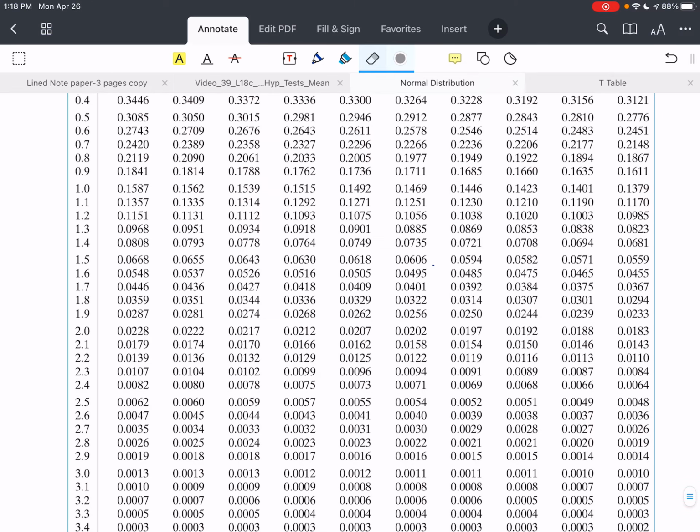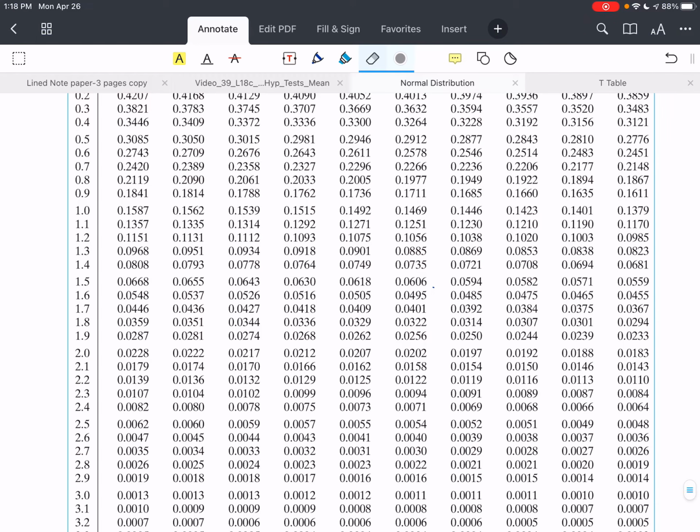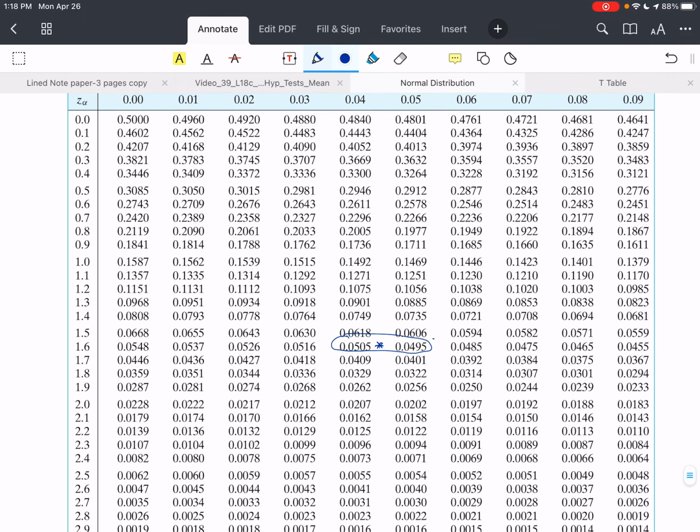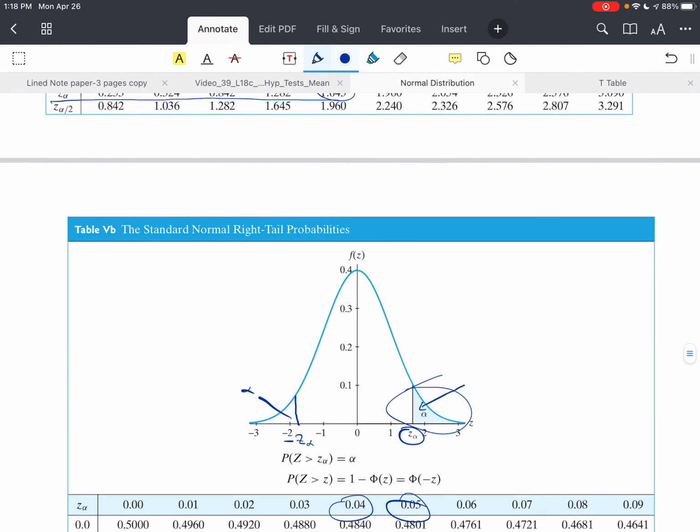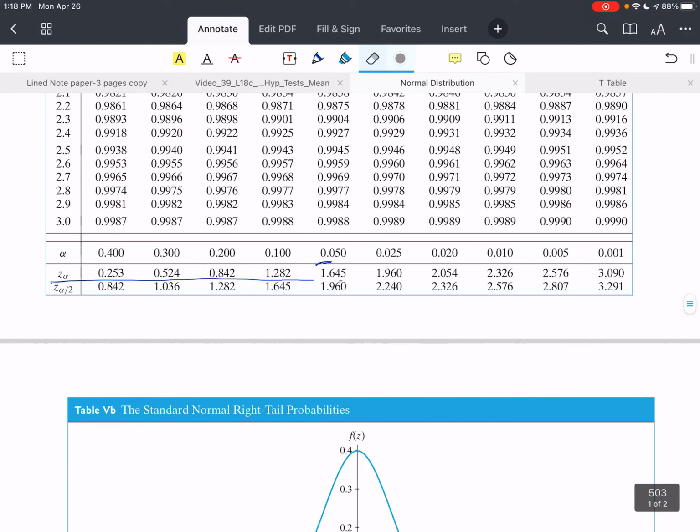We find 0.0495 and 0.0505, but it's smack dab in the middle, so we can use halfway: 1.645. Another way to get that number is to look at z sub alpha, where alpha is 0.05, and where these intersect is 1.645. That gives you the exact value.